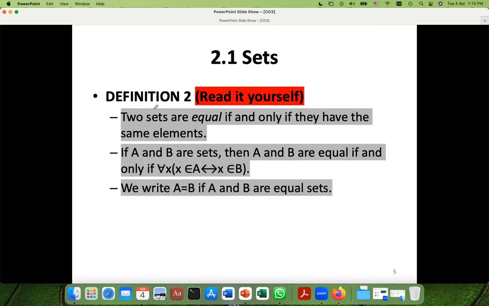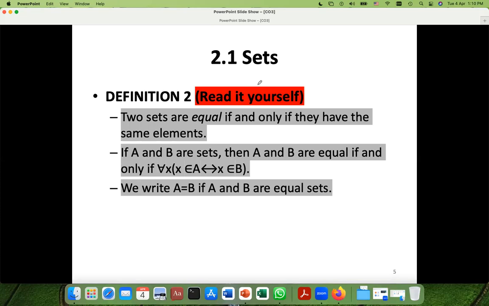So this is now the definition for the equality of sets. When two sets are normally equal, what is in your mind?